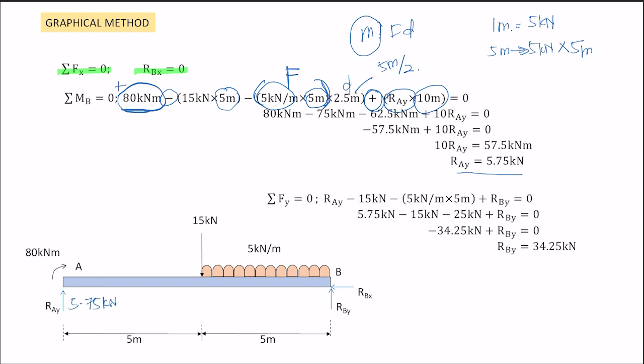Next, we're going to find the other forces. RBX we have as zero. What's left is RBY. So for RBY, I just use the force equation.